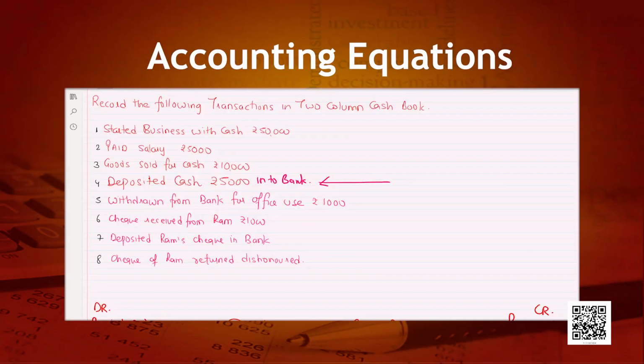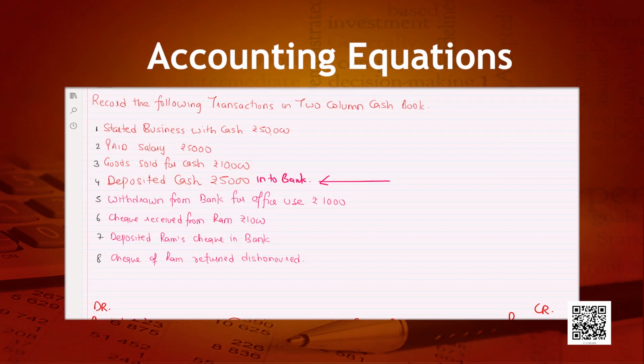Check received from Ram. Students, whenever we receive a check from any of our debtors or any person, that check is meant to be deposited into bank. But until it is deposited, that is just a piece of paper to us. That is just a check, not cash, not bank. So, whenever you find a transaction where you receive a check, you are advised to check the next entries, the way I have done.